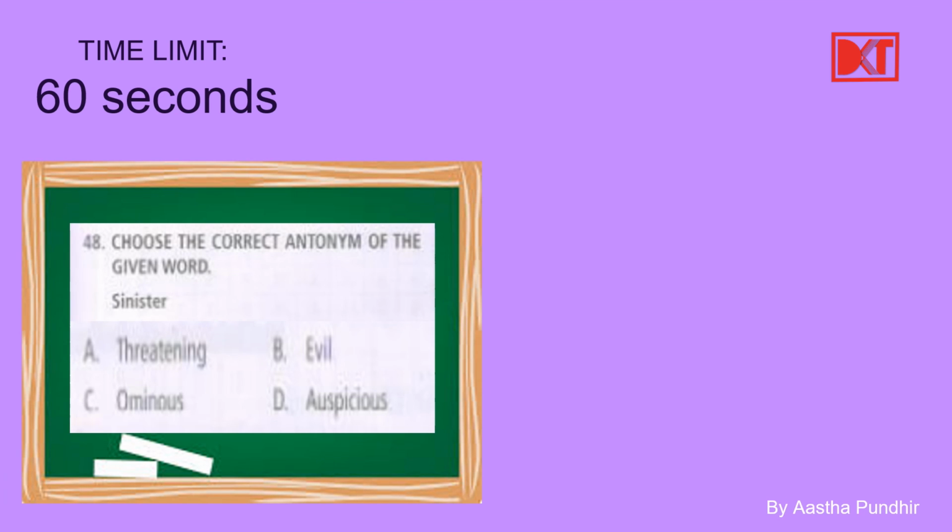All right. Now next we have, choose the correct antonym of the given word. The word is sinister. Here the options are A, threatening, B, evil, C, ominous, or D, auspicious. Now here you see we have to choose the correct antonym.